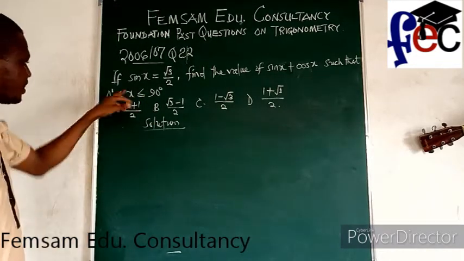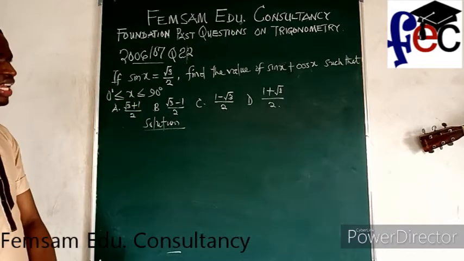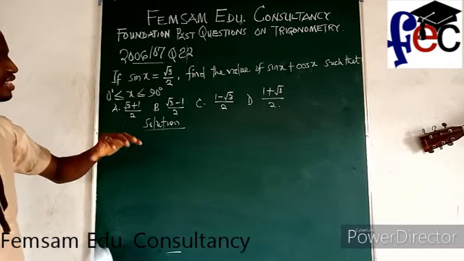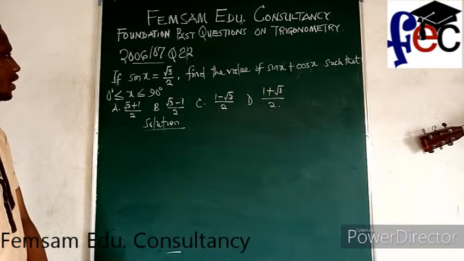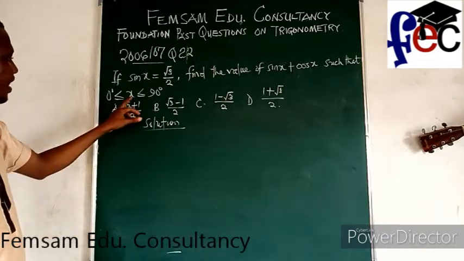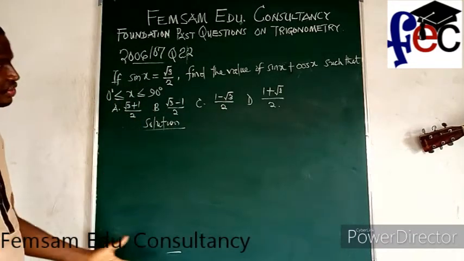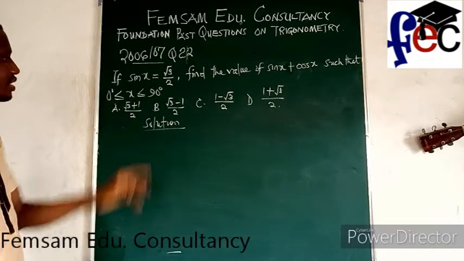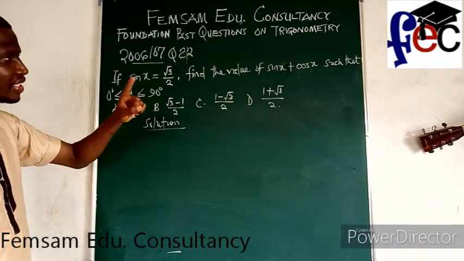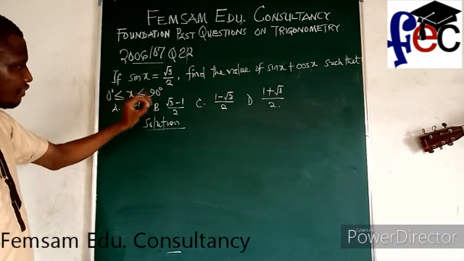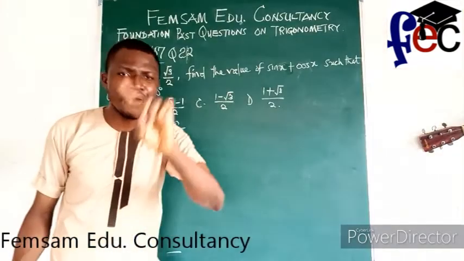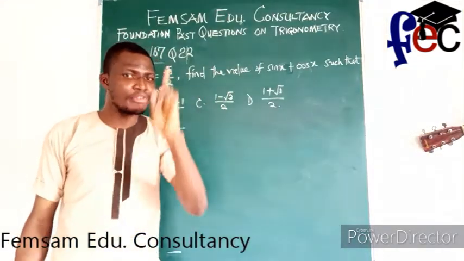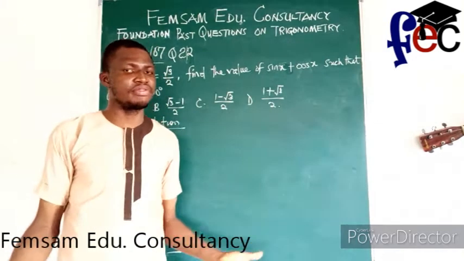Alright, this statement helps us to realize that x is an acute angle. Or better still, to say that x lies within the first quadrant, and we must take this information very important. The significance of x lying in the first quadrant is the fact that all the trigonometric ratios in the first quadrant are positive.